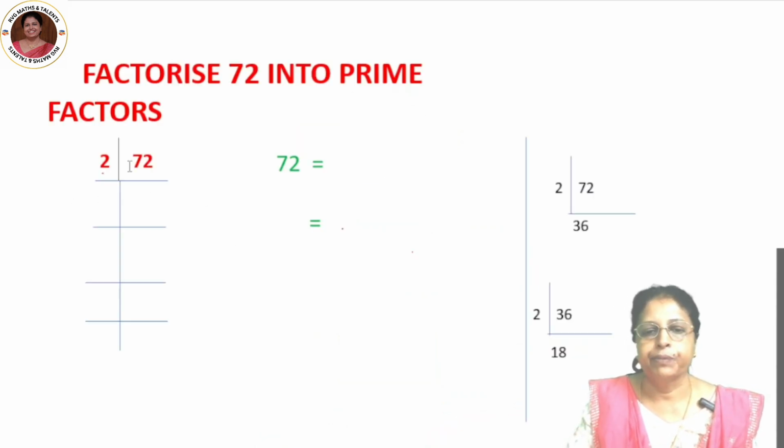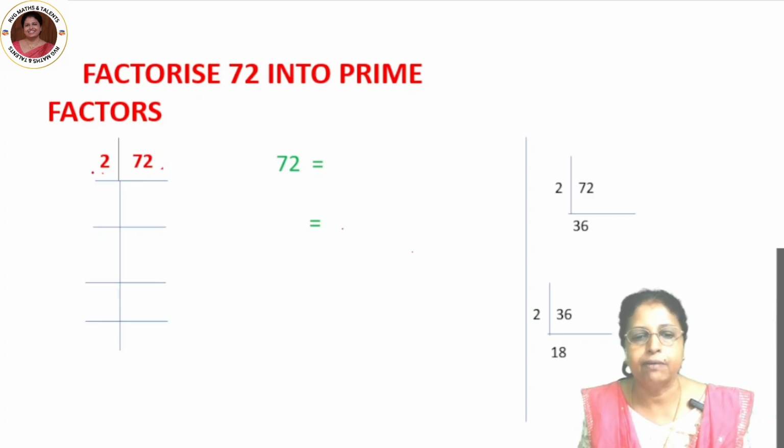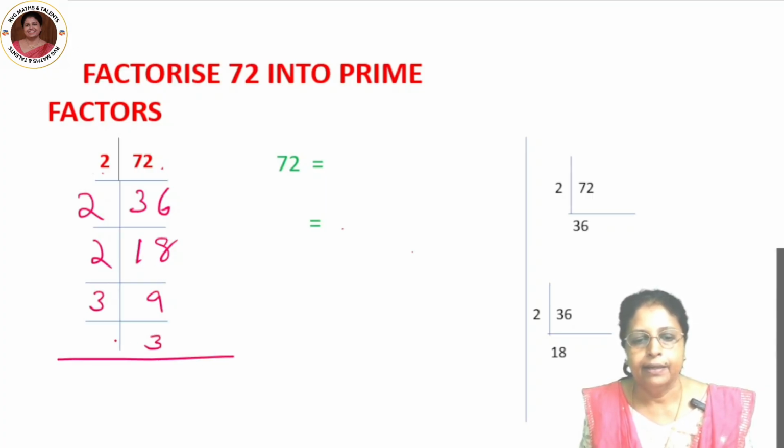Next example, factorize 72 into prime factors. Divided by 2, we will get 36. Again dividing by 2, we will get 18. Again divided by 2, 9. 2 9s are 18. 3 3s are 9. Again dividing by 3, 1.